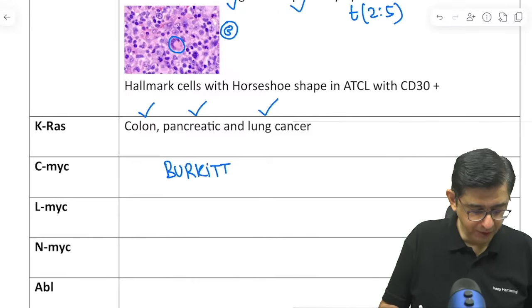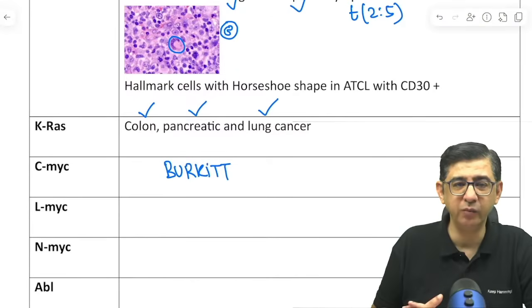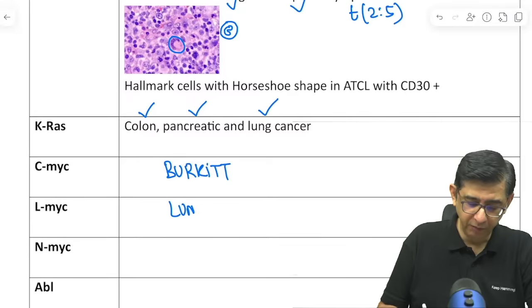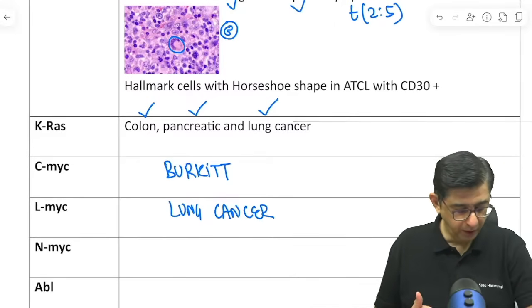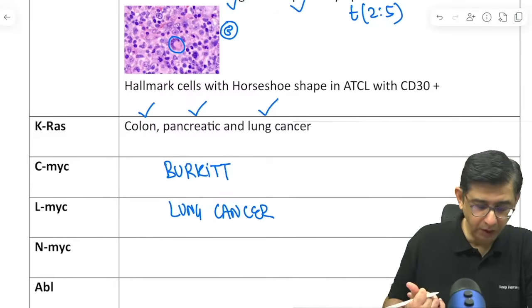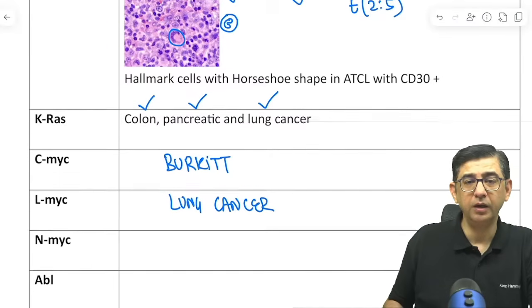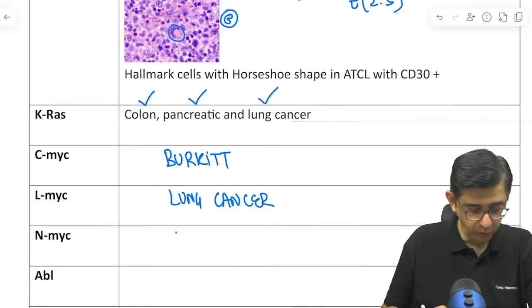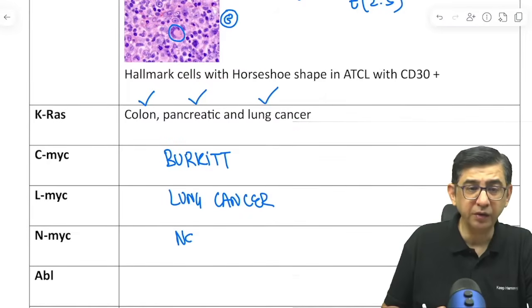Okay, so next one is Burkitt's lymphoma for CMYC. LMYC would be for lung cancer. And then NMYC would be for neuroblastoma. I think it would be working, guys. It should be working.